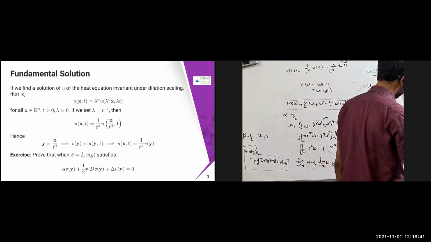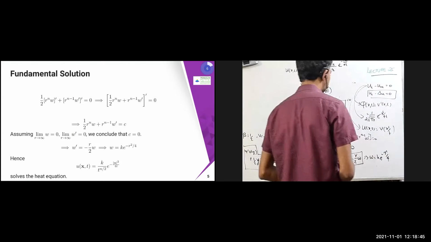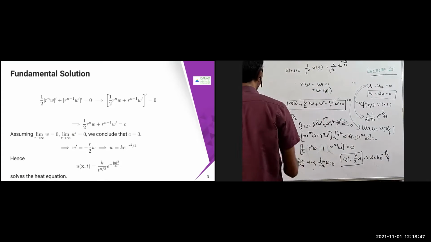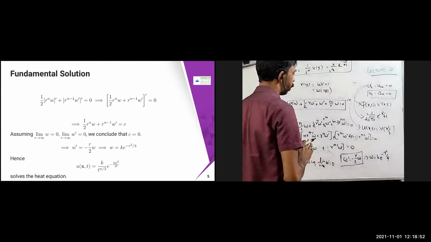Therefore, it is going to become t power alpha into v of y, which is e power minus x square by 4t. So this is going to be the solution of the heat equation for your case.